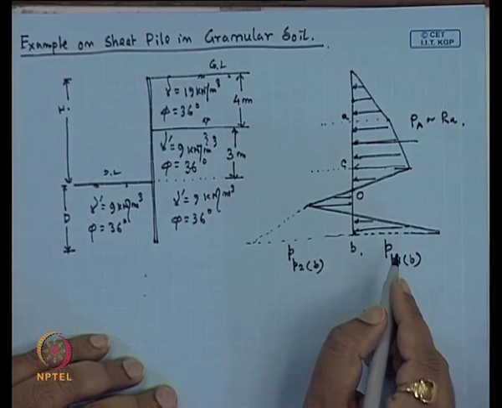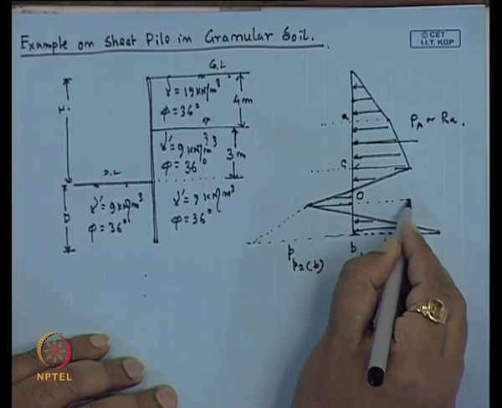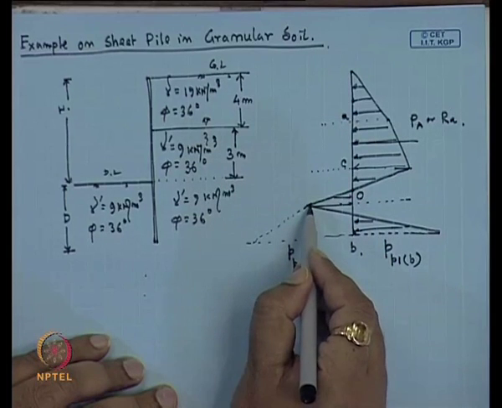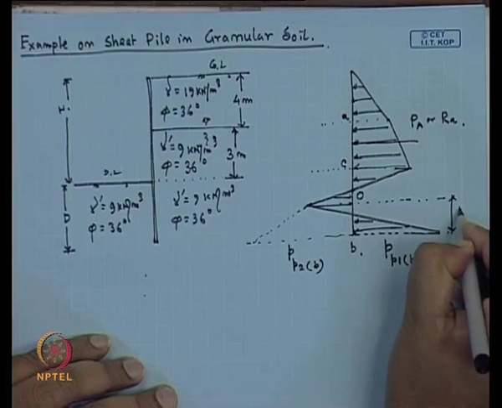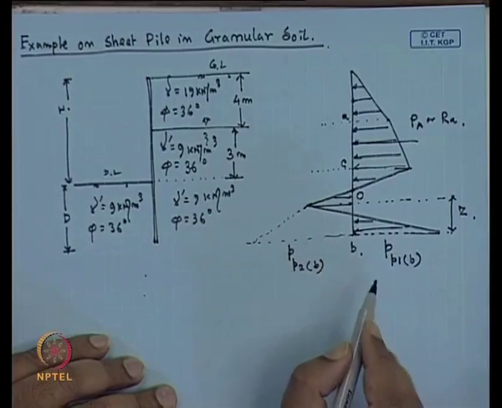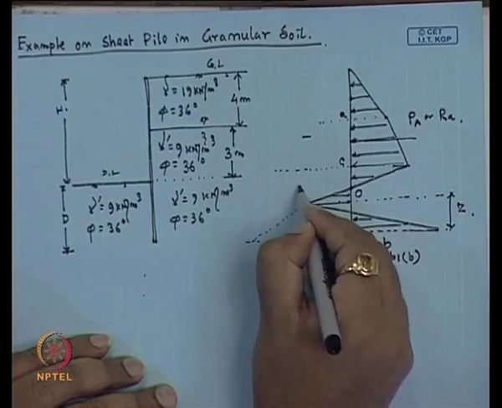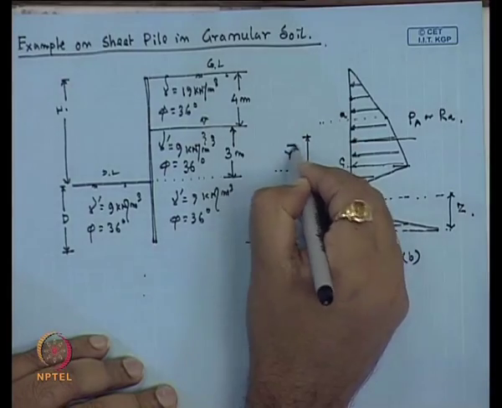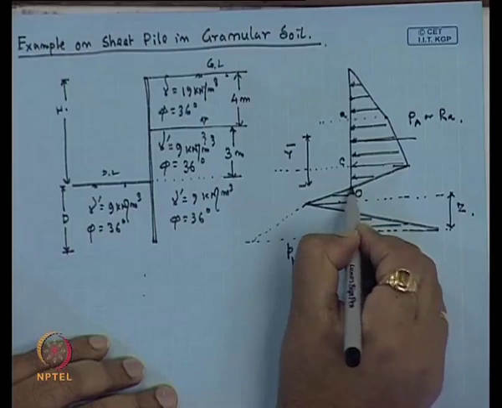Now, we consider that this edge is at a distance of Z from the base of the sheet pile, and this resultant is acting at a distance of y bar from the O point, where the pressure is 0.